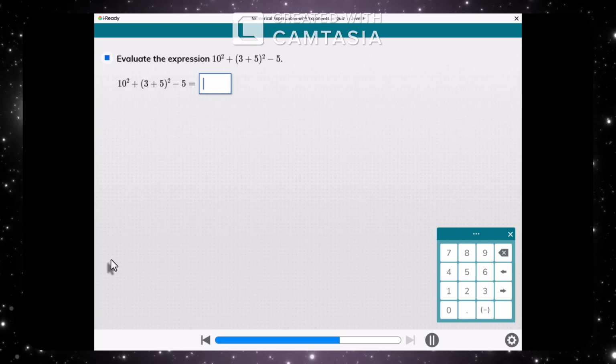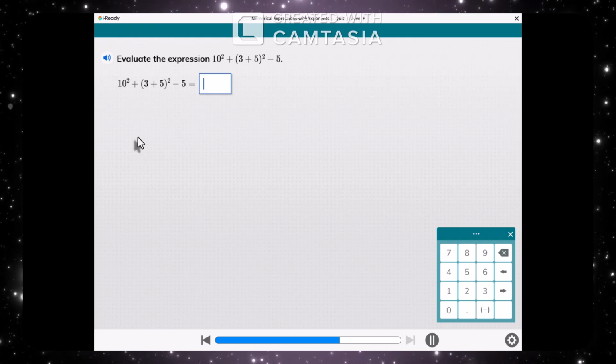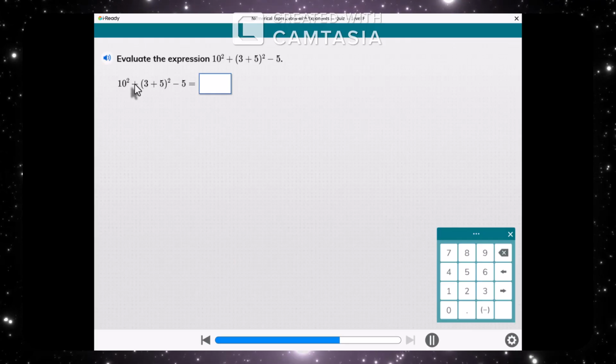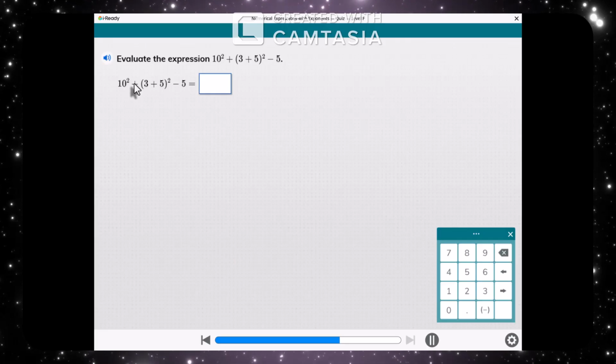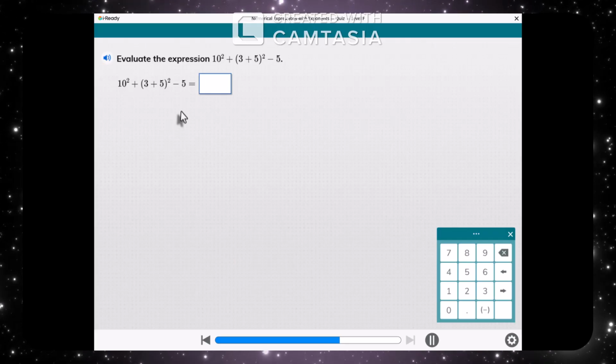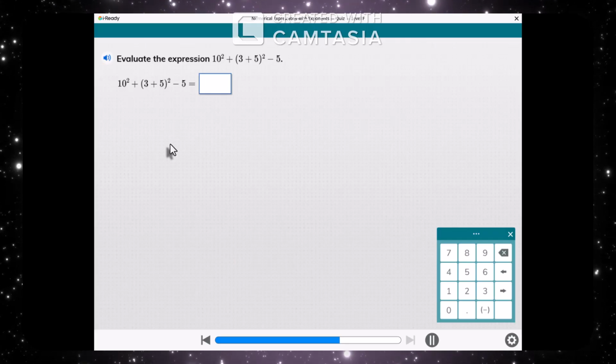Evaluate the expression. Well, 10 to the 2nd power, which is 100, plus 64, 164, minus 5.